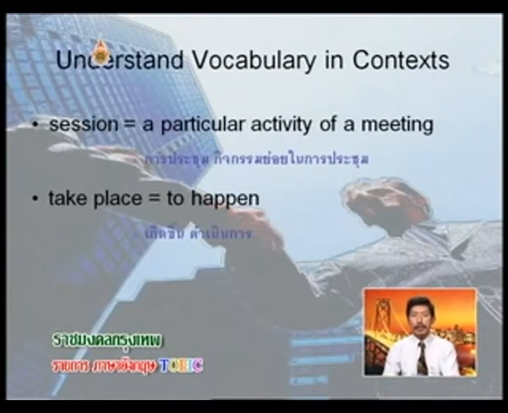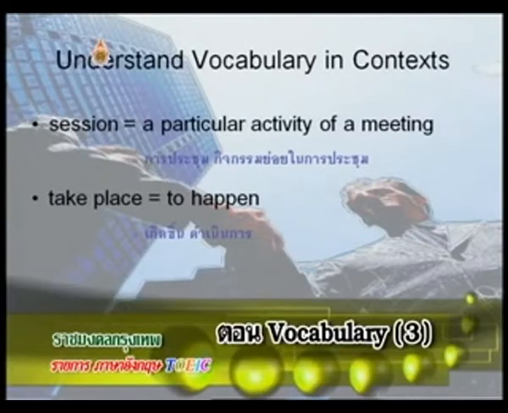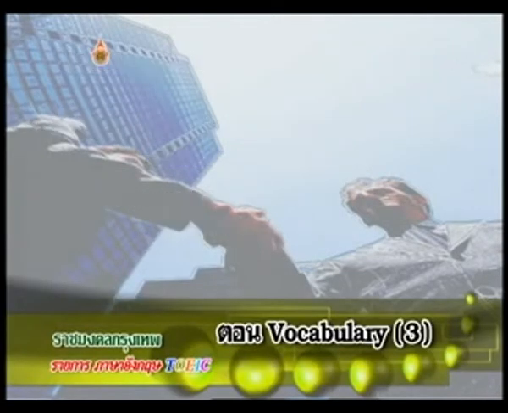So this is a way that will help you remind yourself of the easy word that you have already learned and learn a new word which is more difficult. So this is how we detect meanings of new words and understand vocabulary in context. So let's have a look at another dialogue.